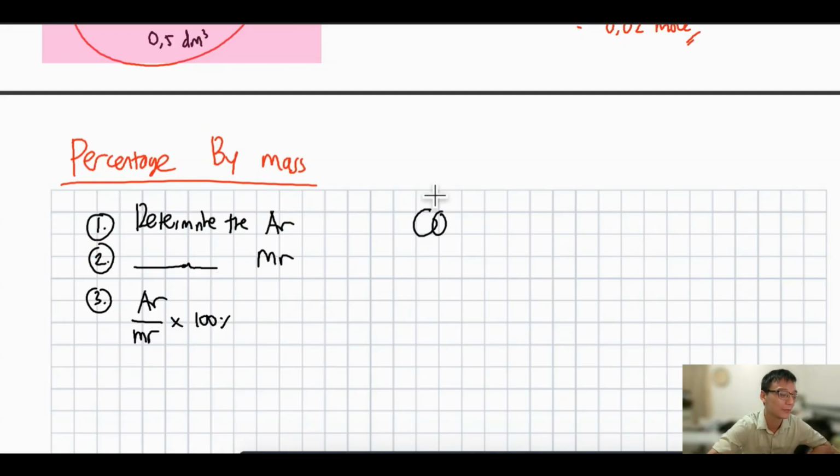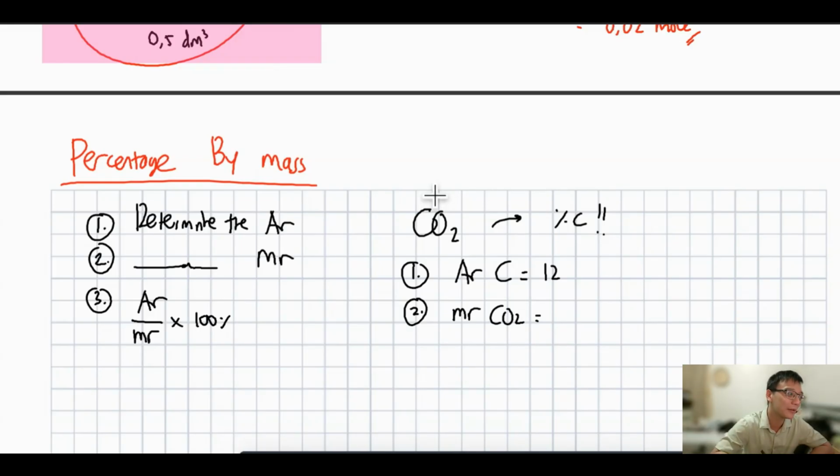Let's say, for example, we have carbon dioxide. I would like you to calculate the percentage of carbon. How can we calculate it? First, we determine the atomic mass of carbon. Here in carbon dioxide, we only have one carbon atom, so only 12.